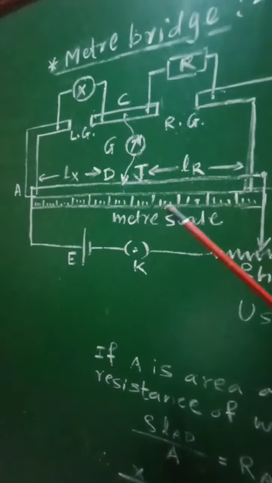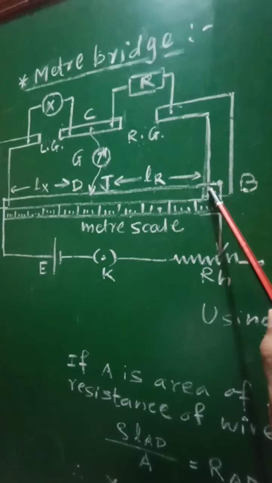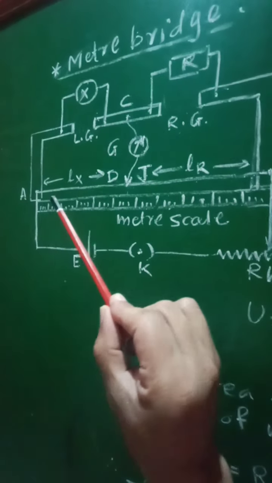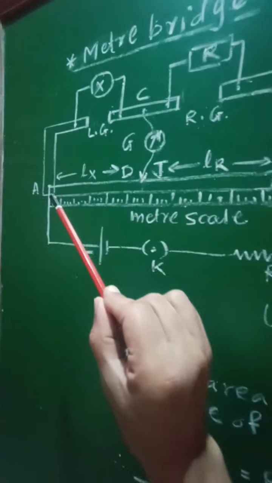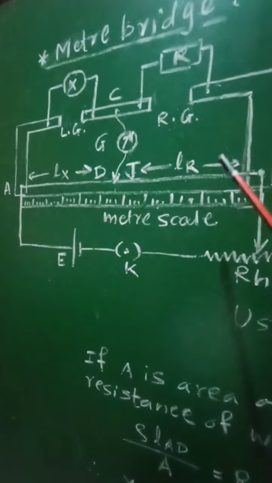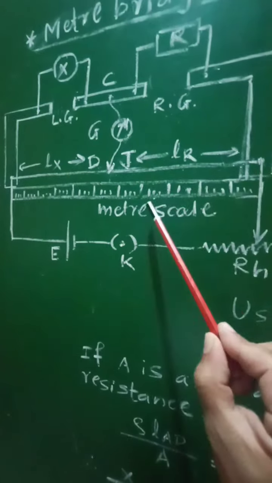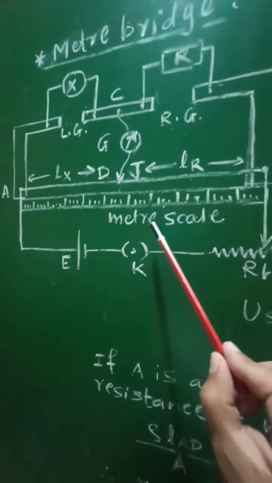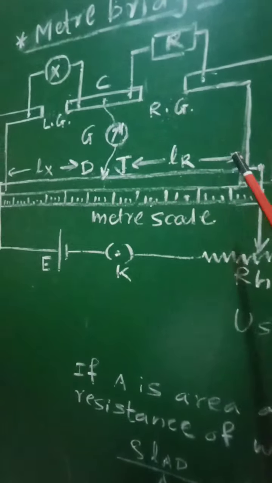In the construction, it consists of a conducting wire AB having uniform cross section, stretched between the two points A and B below the two L-shaped copper strips on the meter scale, which will be fitted on the wooden table, so that this meter scale will be used to measure the length of the wire AB.